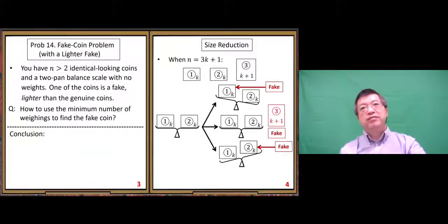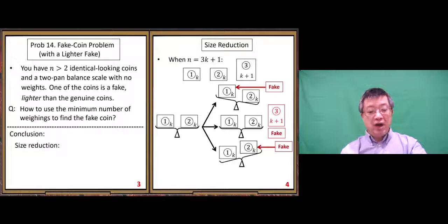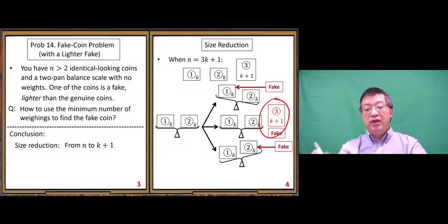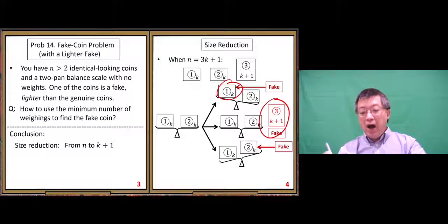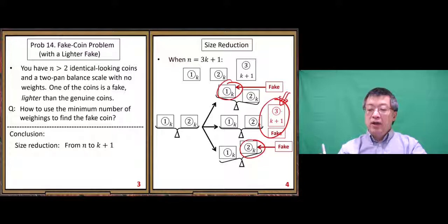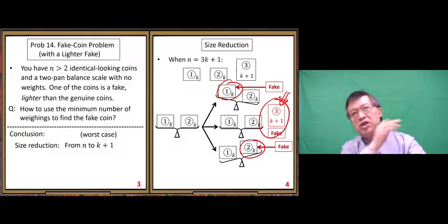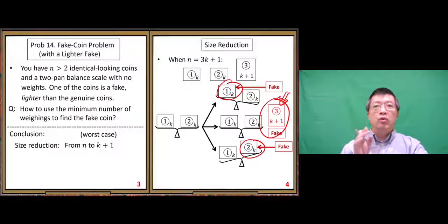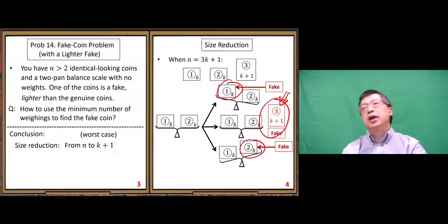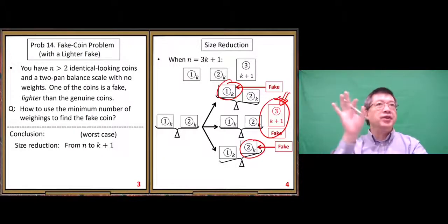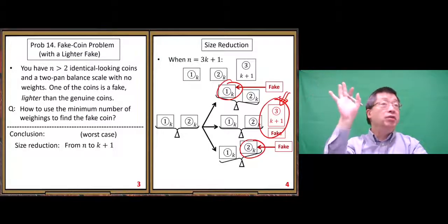Conclusion for this one, the size reduction becomes from n to k plus 1. Although there are 3 cases, in the other 2 the fake is in a pile containing k coins, but in this one, k plus 1 coins, which is worse than the other 2 cases. We want to look at the worst case. If we can handle the worst case, then for the remaining cases, we can only do better.